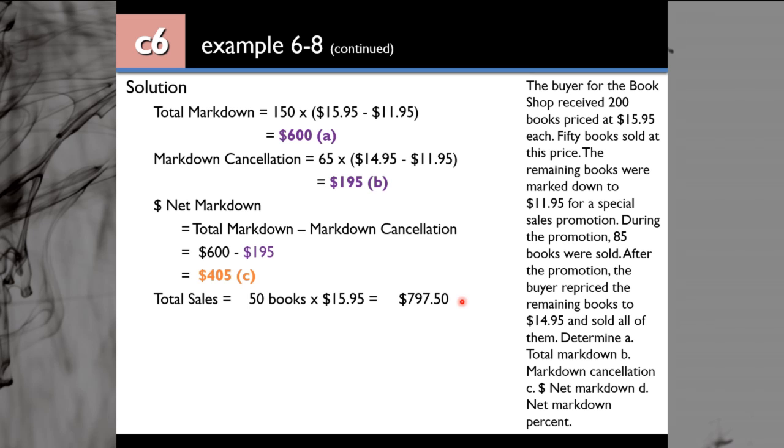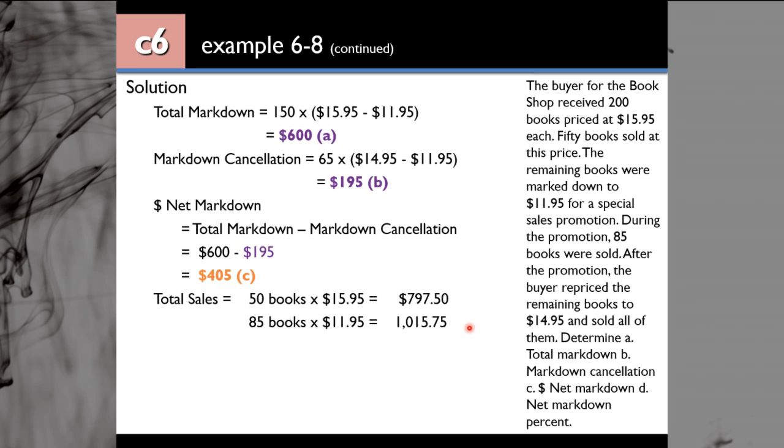797.50 from the first sales, and the second sale from the discount, you also have a new price, and you sold 85 books at 11.95. So that is 1015.75 that you sold during the sales promotion. So that's the second sale, and you have another sale, the third sale.